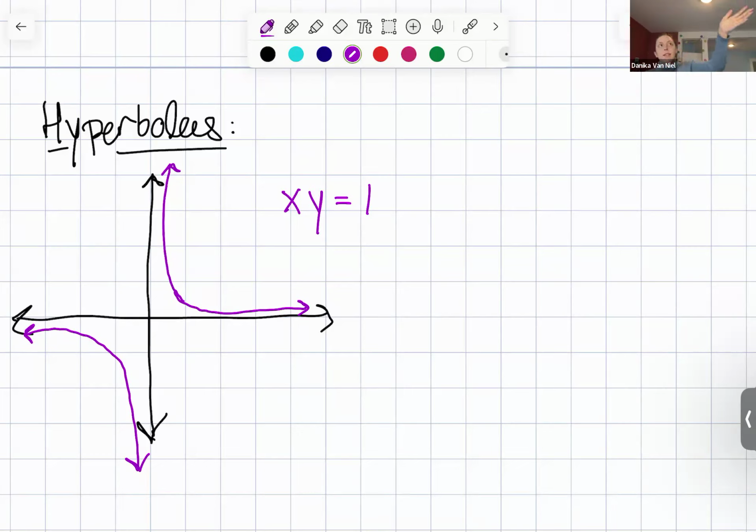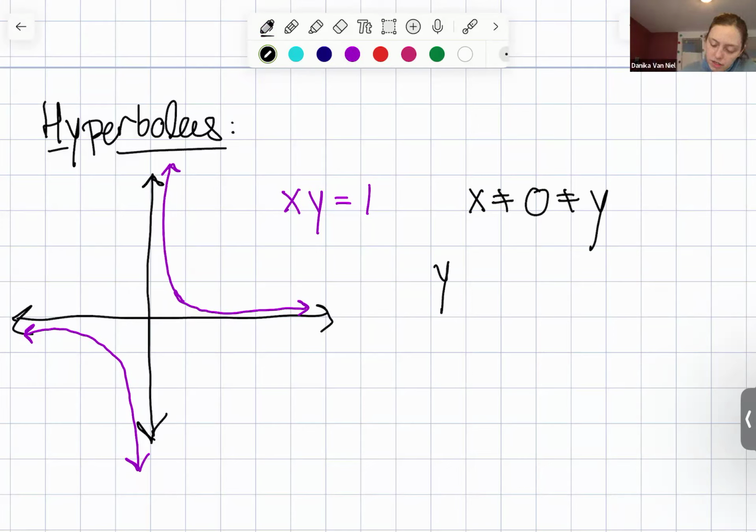If x is -11,000, I just make y 1 over -11,000, right? So the only things that really make this break are if either of them are 0. Okay, so neither of them can be 0. That's not inside of our realm of possibility. If one of them is 0, then I get 0 equals 1, which is false, right?